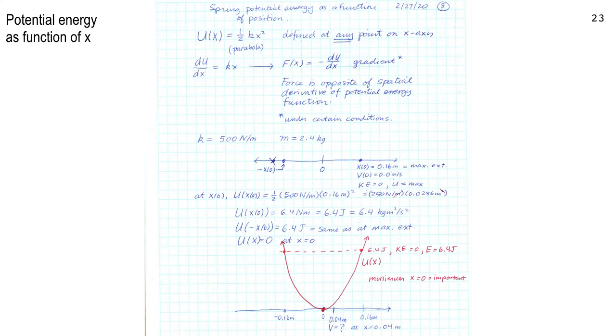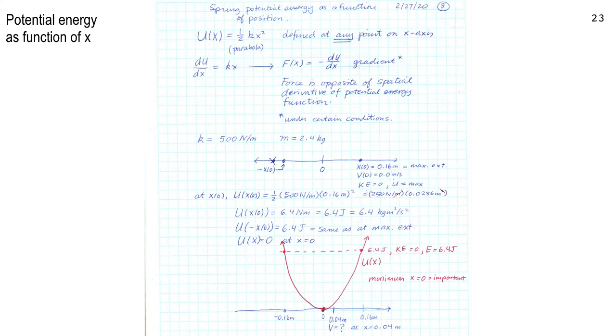0.16 squared? Yeah, 0.0256. So this is equal to 250 Newton per meter times 0.0256 square meters. Okay, now look at those units. We can cancel a meter here, and we can cancel one of the meters in the numerator.